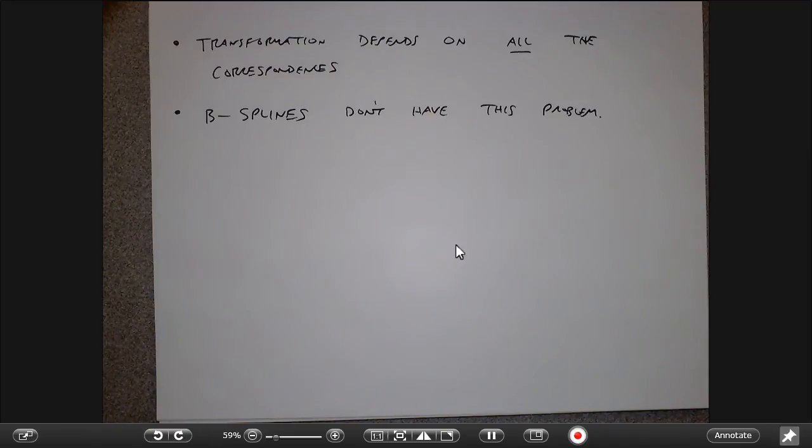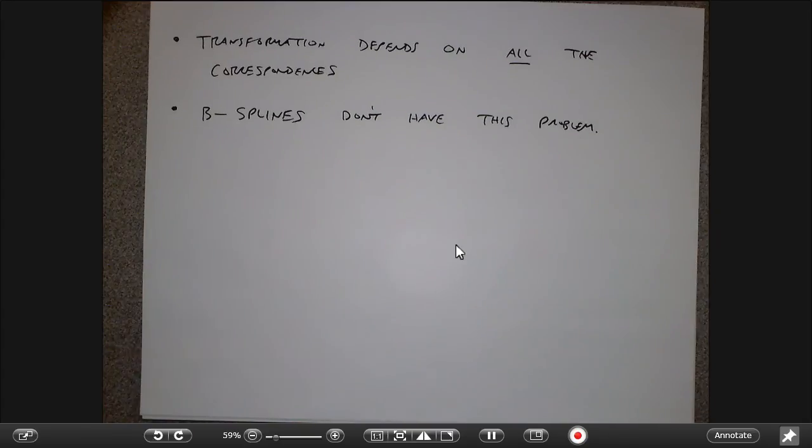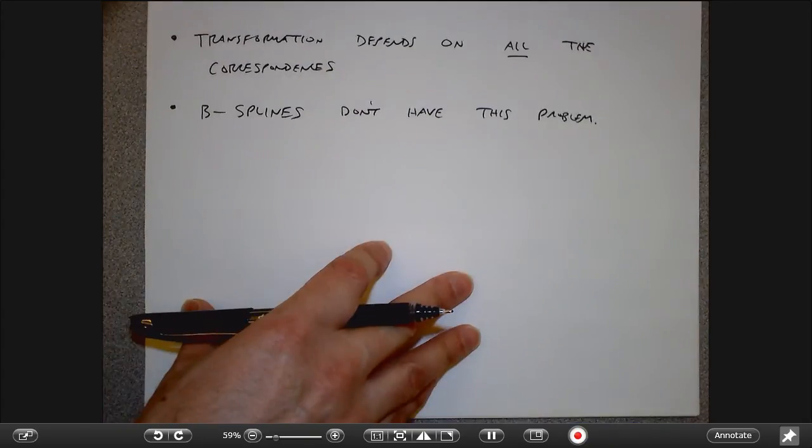And that makes it a little bit more controllable, in the sense that I don't have to worry about re-estimating things everywhere in the image every time I change one or two point correspondences, right? And so, again, you can do a lot of stuff with B-splines, and that's another viable alternative for this kind of work.